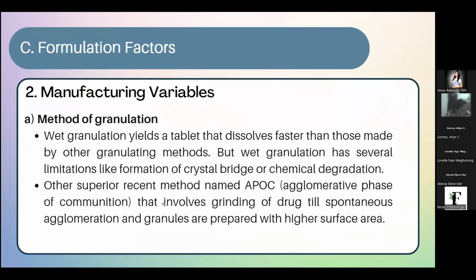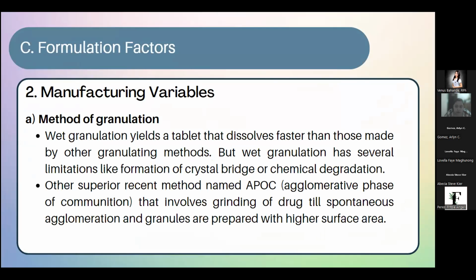Next up is the manufacturing variables. It would also depend on the method of granulation. Wet granulation yields a tablet that dissolves faster than those made by other granulating methods. But wet granulation has several limitations like formation of crystal bridges or chemical degradation.